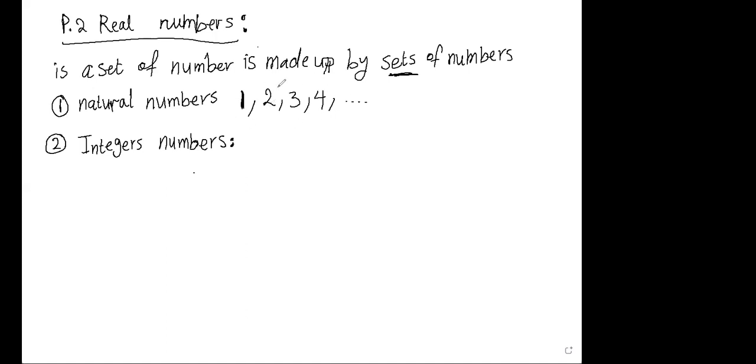Okay, integer numbers are the natural numbers, the negatives of the natural numbers, and the 0.